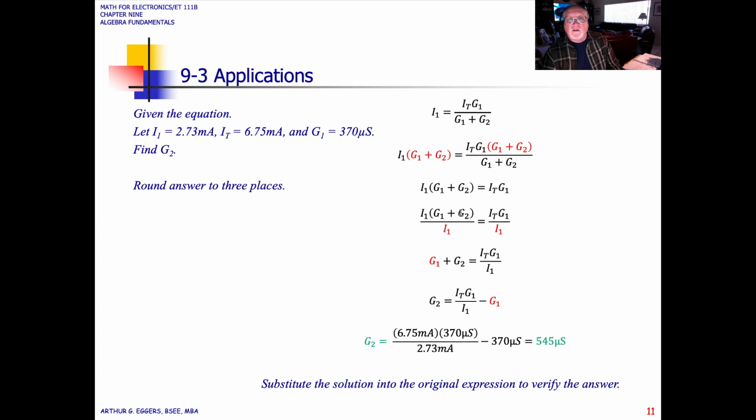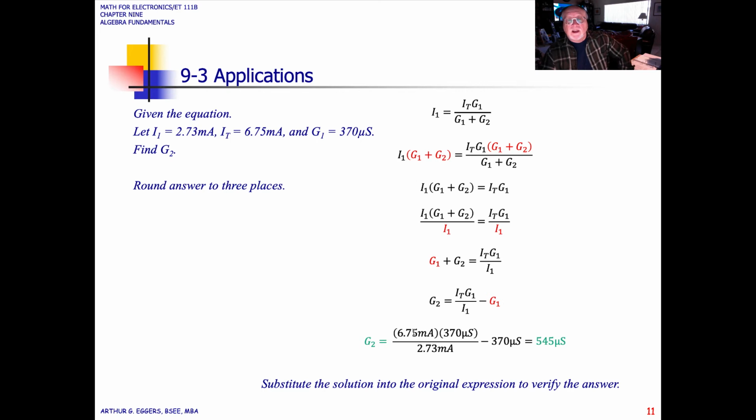Okay, since I'm solving for G2, I'm going to move G1 to the other side of the expression. Okay, so now I have G2 all by itself. I have the total current, the total conductance, and the current I1 minus the conductance G1, all on the right side.